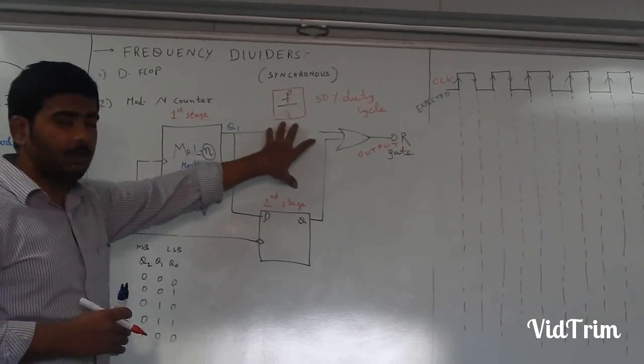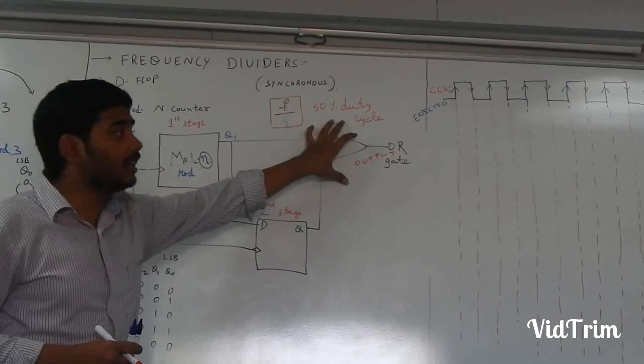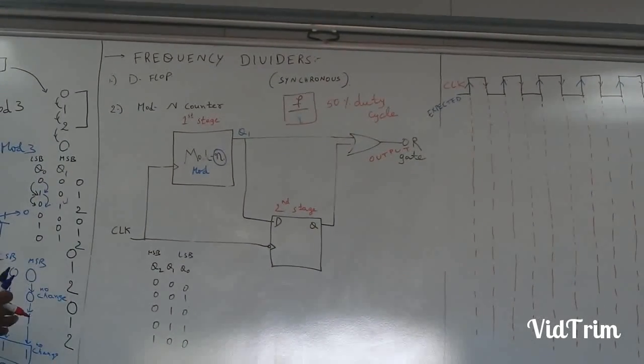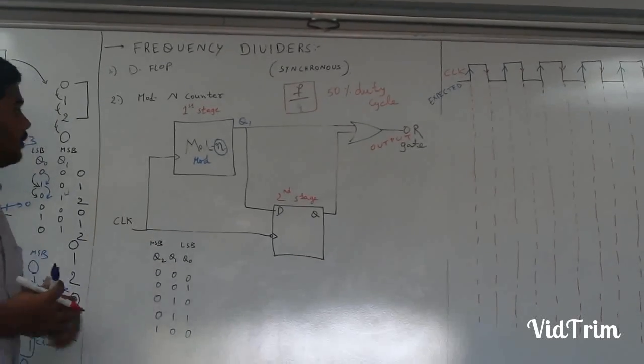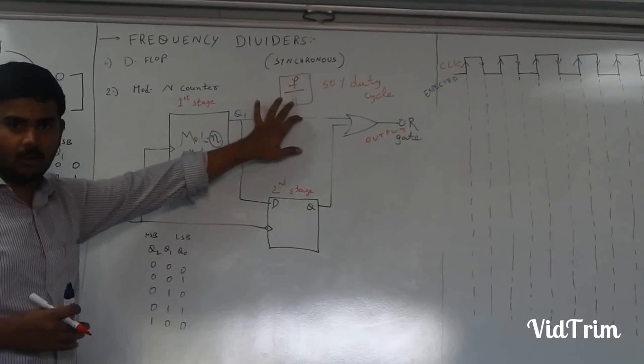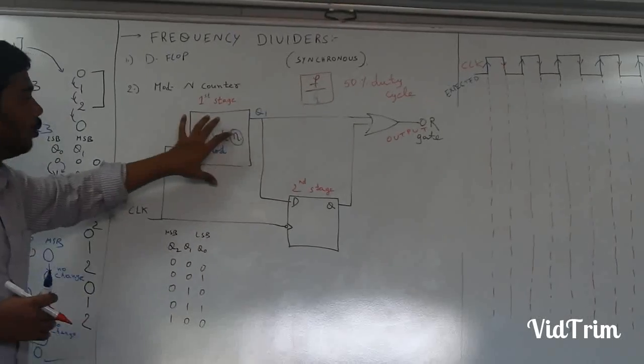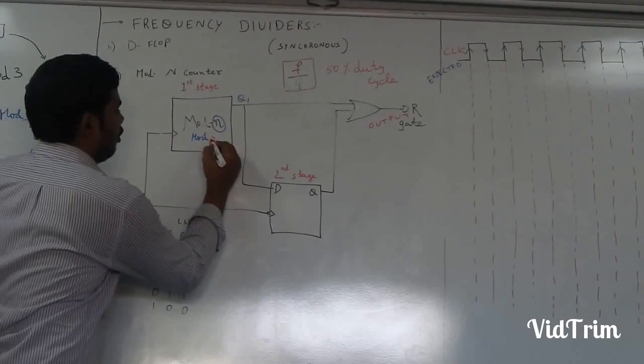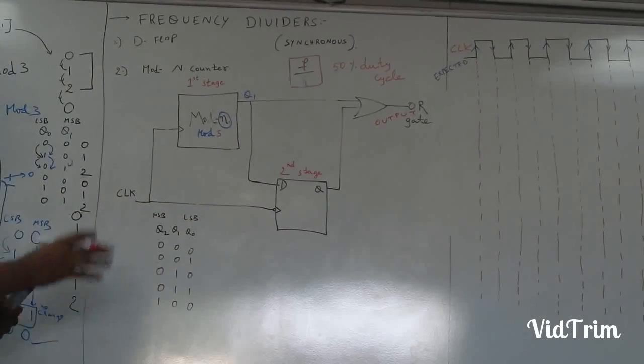So frequency divided by 5, 50% duty cycle and synchronous. Simply the same. So f by n, where n equals 5. Here we should replace it with a mod 5 counter.